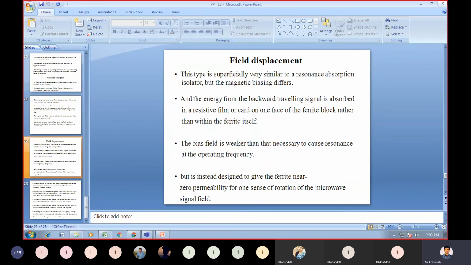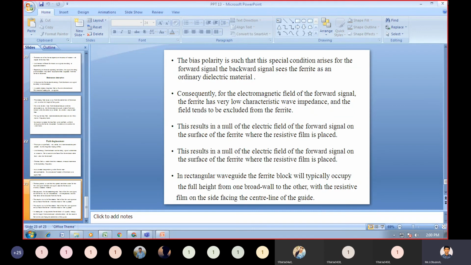But it is instead designed to give the ferrite near-zero permeability for one sense of rotation of the microwave signal field. The bias polarity is such that this special condition arises for the forward signal.